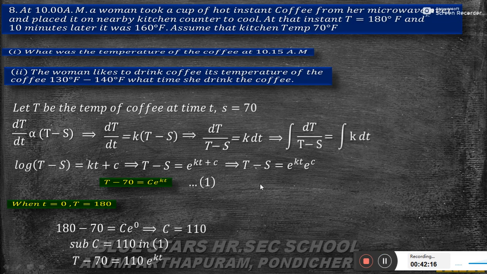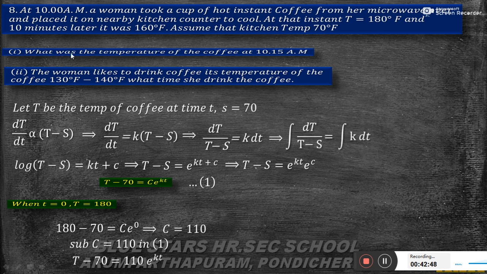So you see here, 8th problem. At 10 a.m. a woman took a cup of hot instant coffee from her microwave oven and placed it on a nearby kitchen counter to cool. At that instant, T equal to 180 degrees Fahrenheit, and 10 minutes later it was 160 degrees Fahrenheit. Assume the kitchen temperature is 70 degrees Fahrenheit.